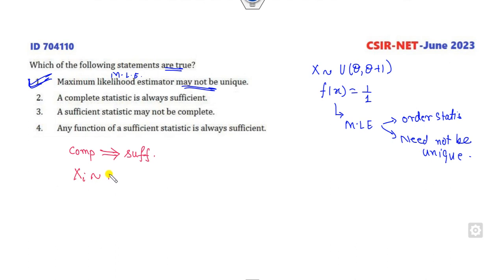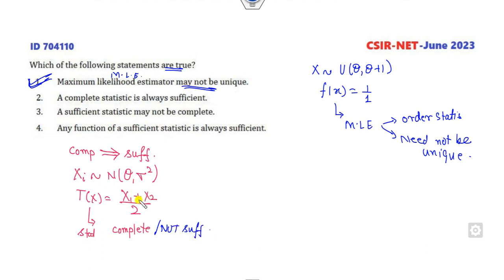If I consider a normal distribution and take the unknown as the mean, with simple two numbers, then clearly this statistic is complete because it represents the mean, but it is not sufficient. You can easily prove that it's not sufficient by using the Cramér-Rao inequality. So this option is cancelled.